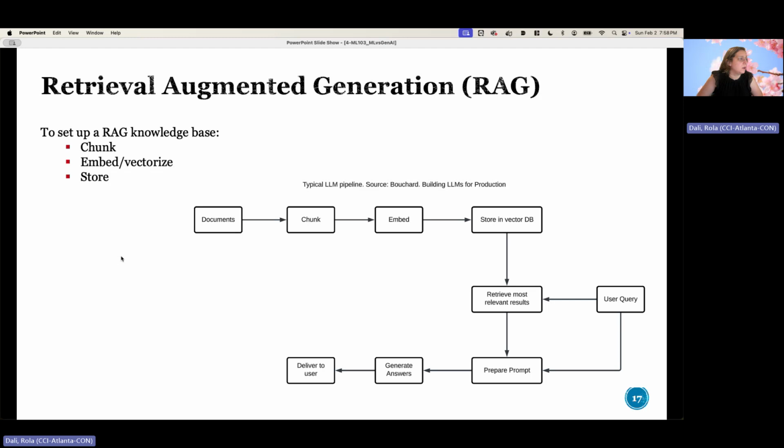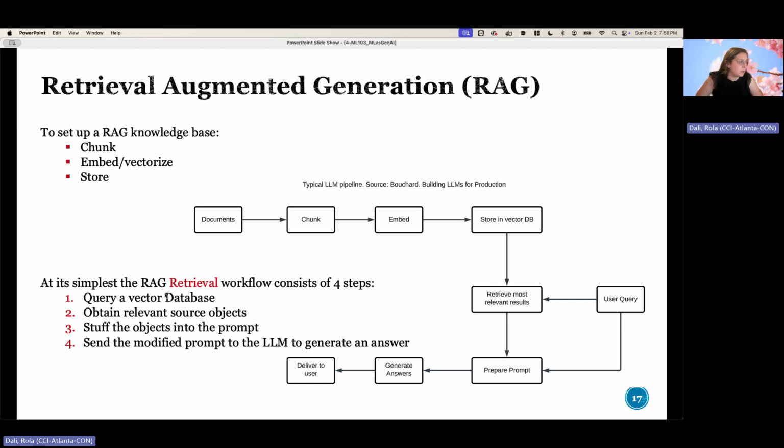And then when you want to use the RAG, you query the database, you retrieve the information you want, you add it to the prompt, and then you generate the answers, okay?